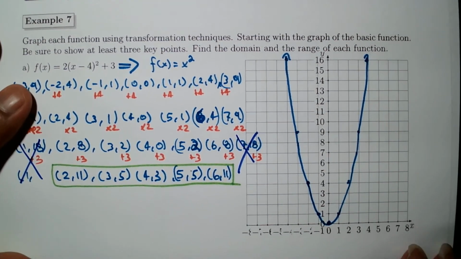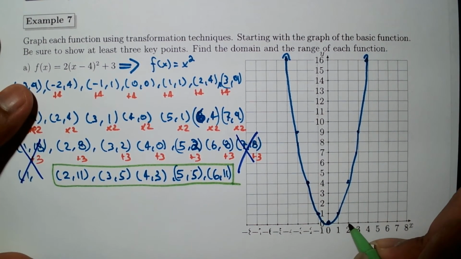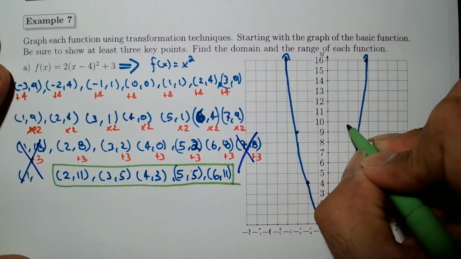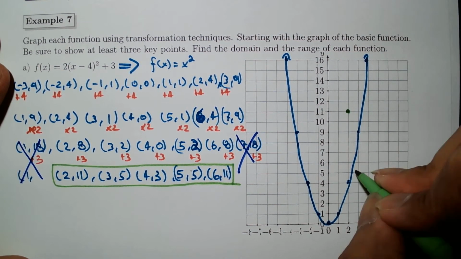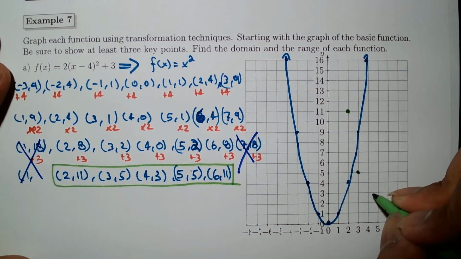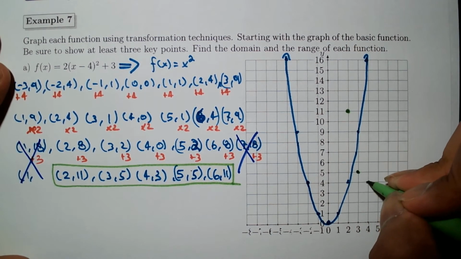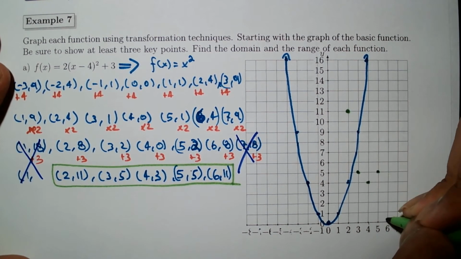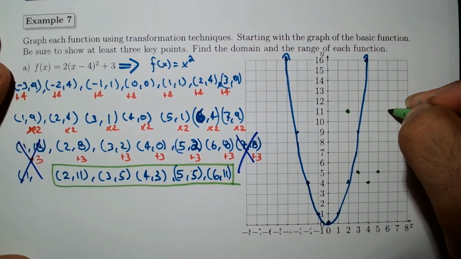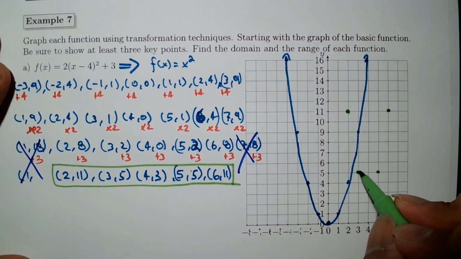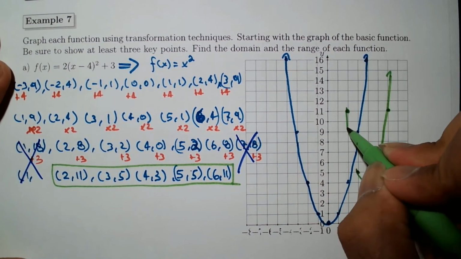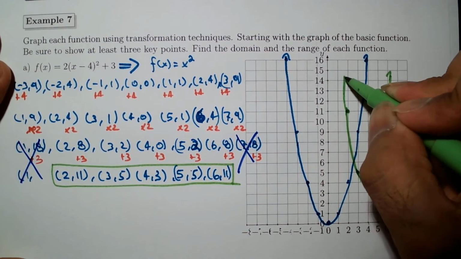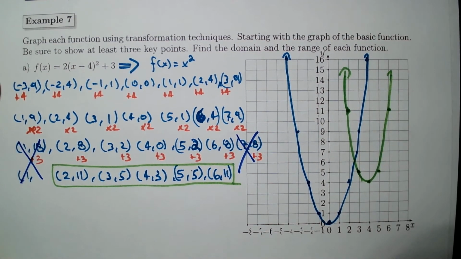So I'm going to plot the point 2, 11, and then 3, 5, and then 4, 3, 5, 5, and 6 comma 11. As you can see, we have a new parabola.